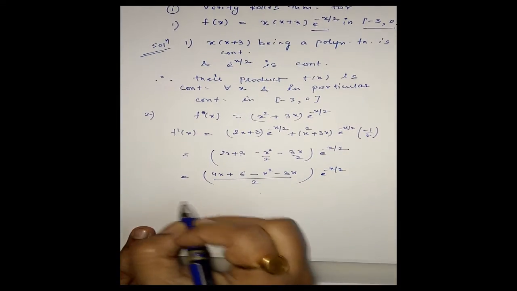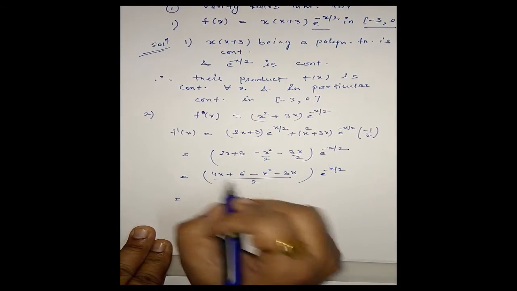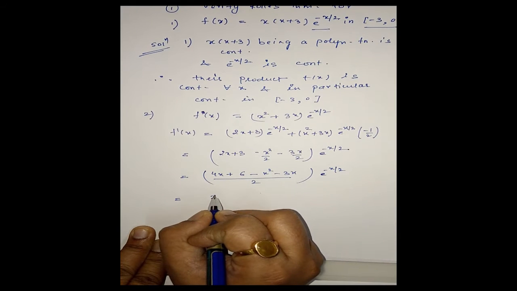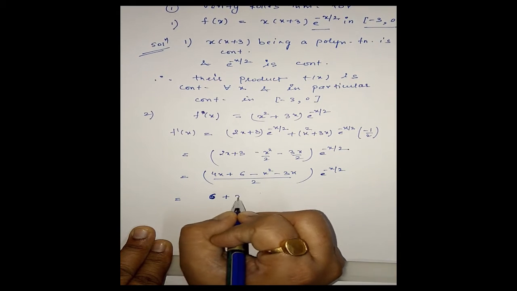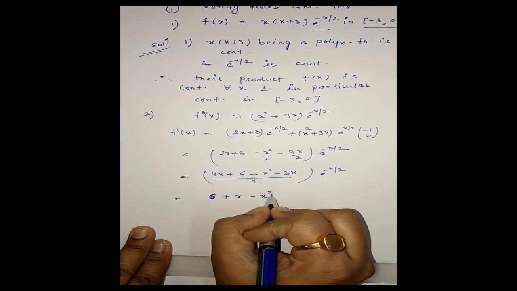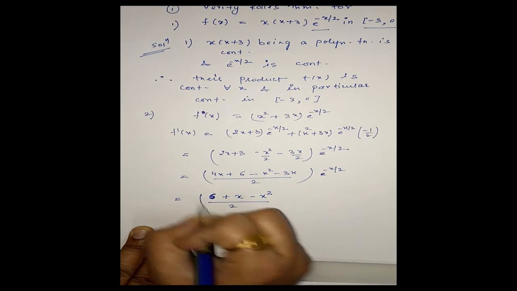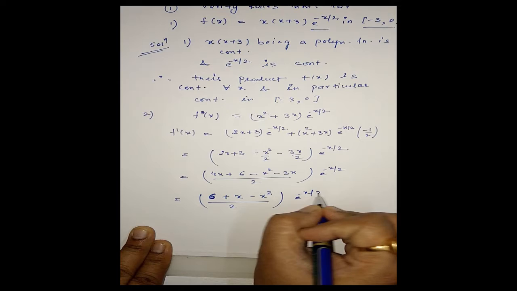I can write this as (6 plus x minus x square) upon 2, like this.